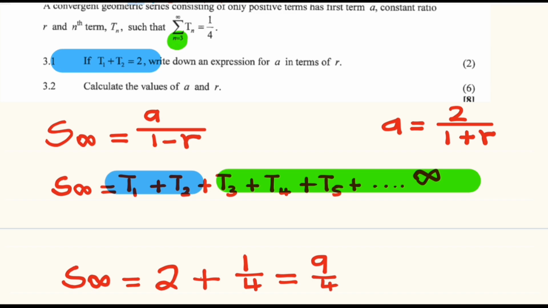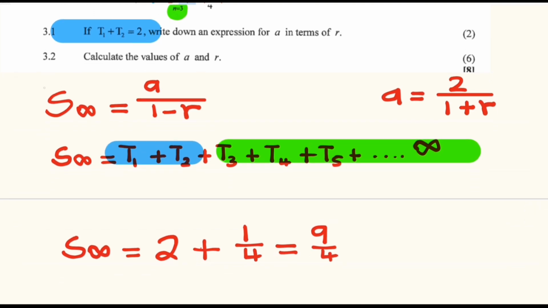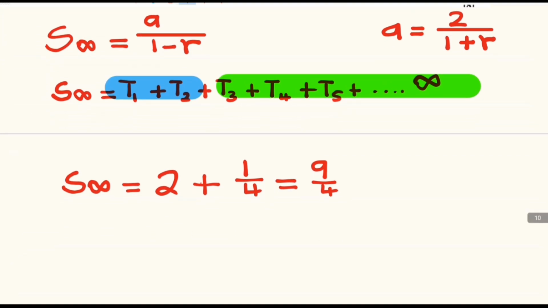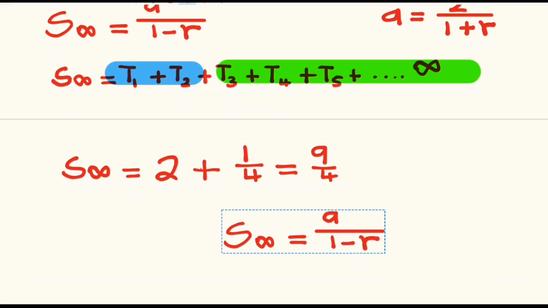So now that we have the sum to infinity from n equals 1 up until infinity and not 3 up until infinity, we can use our formula.